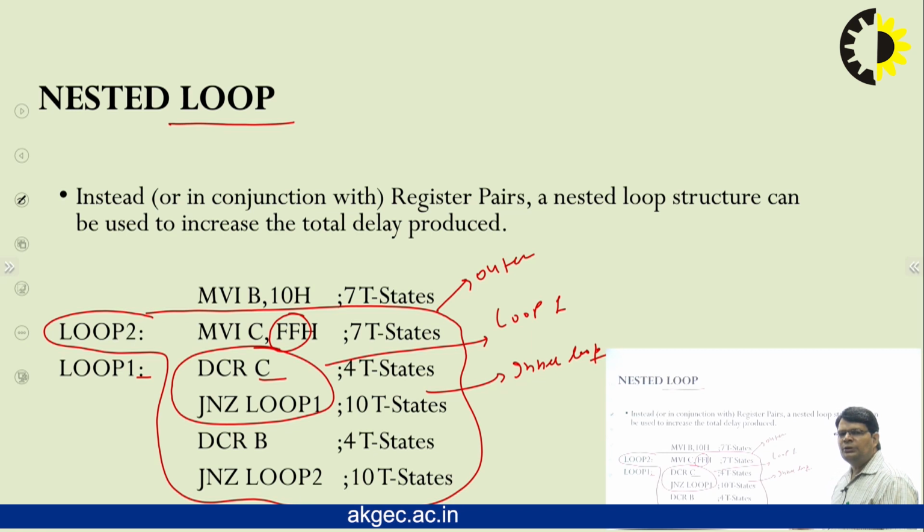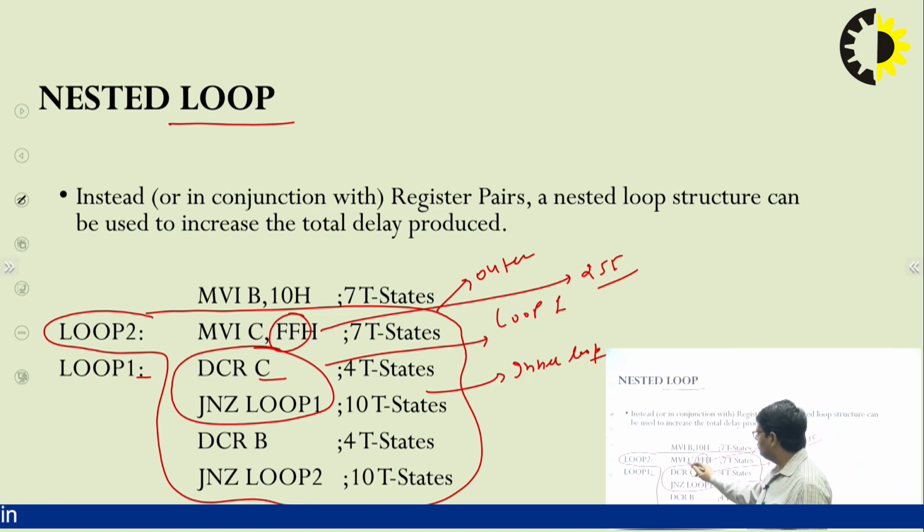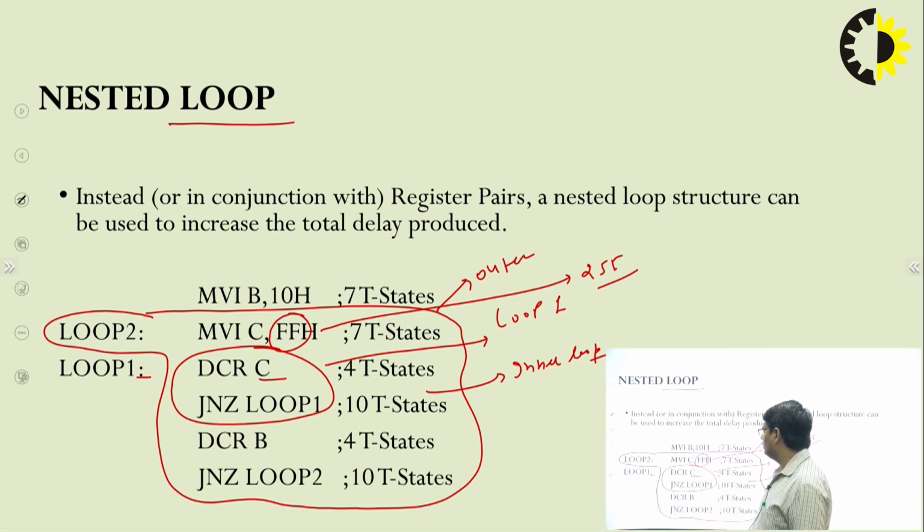So the inner loop is repeated by this value FF, that is 255 times, whereas the outer loop is controlled by the B register.